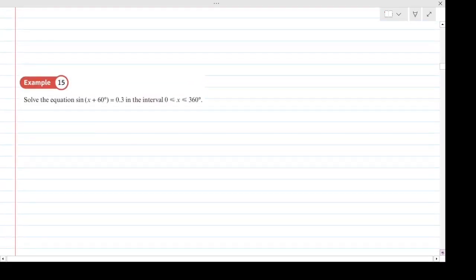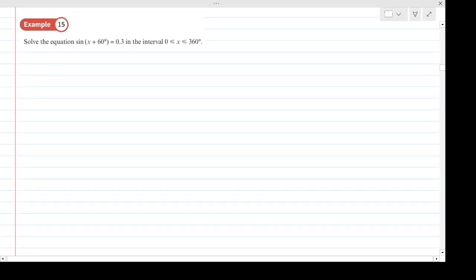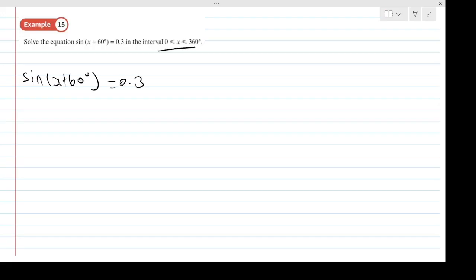Let's have a look at this question then. We need to solve the equation sine of x plus 60 is 0.3 in the interval 0 to 360 for x. So again, I notice my input is a bit different. It's not just x, it's x plus 60.